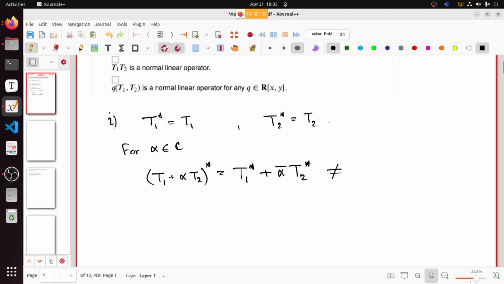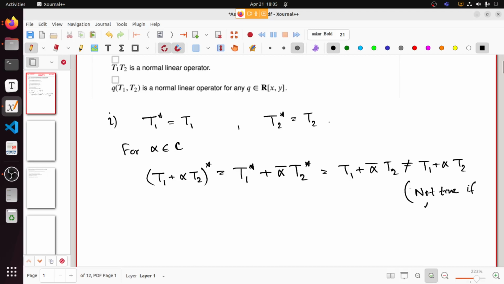So this is not equal in general. It will be T1 plus alpha bar T2 because they are self-adjoint, but this may not equal T1 plus alpha T2 if alpha is purely imaginary. If alpha is real, then it will happen.